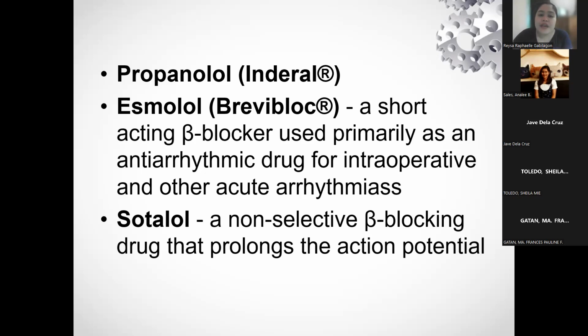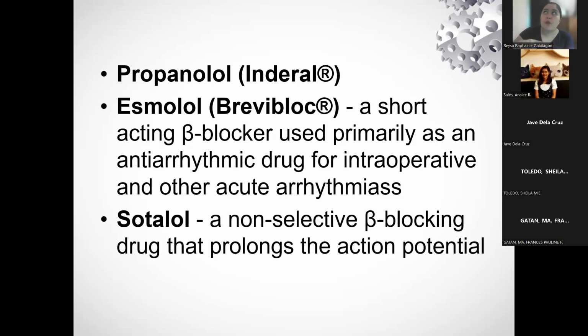Okay? And then we have sotalol, which is also considered a non-selective beta blocker. But please add this activity of it, that though it affects the beta receptor, it has the ability to prolong the action potential. So it will prolong the duration of our action potential.